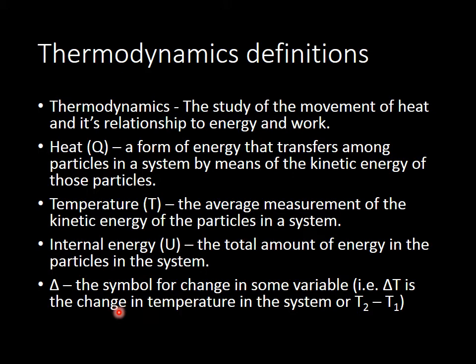If you remember when we talked about collisions and momentum and energy, we said that the particles in the system have perfectly elastic collisions, that they hit each other and the momentum is perfectly conserved, and they conserve all the energy in the system as well. And so heat is just the energy that gets transferred between those particles or objects in the system.